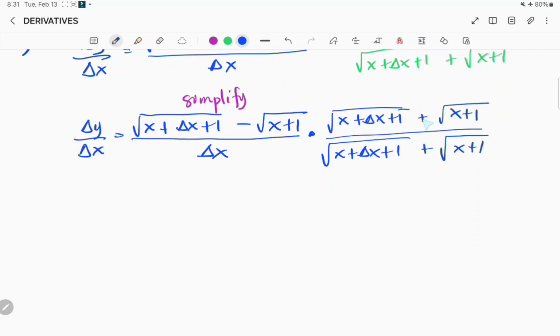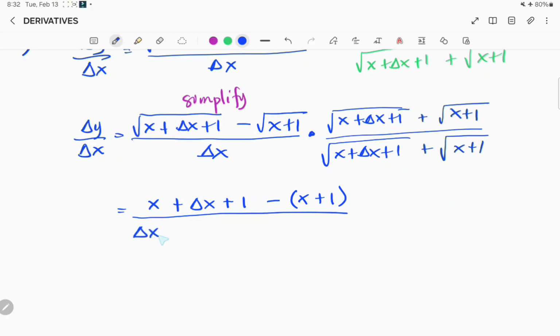So this is just the sum and difference of two terms, and we can apply the product as the difference of two squares. The difference of two squares will give us x plus change of x plus 1 minus x plus 1 over the factored form in our denominator.